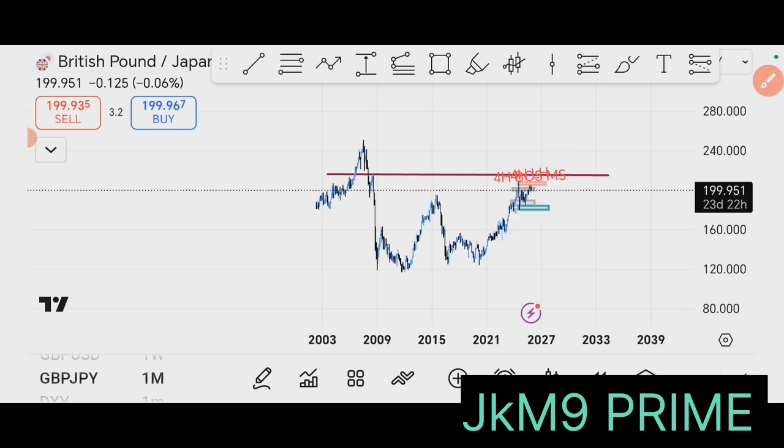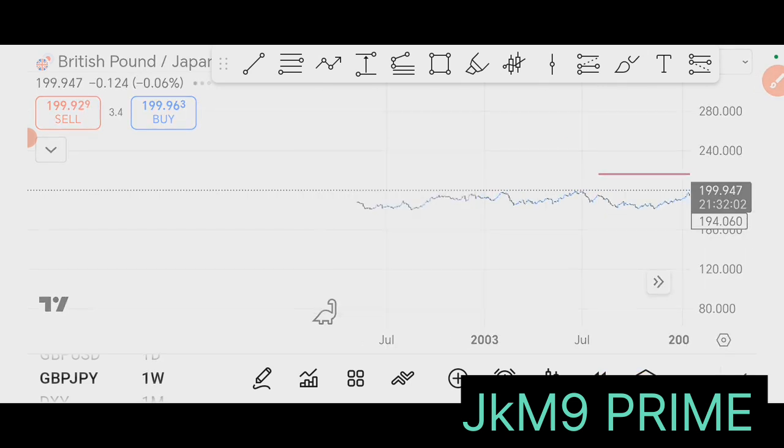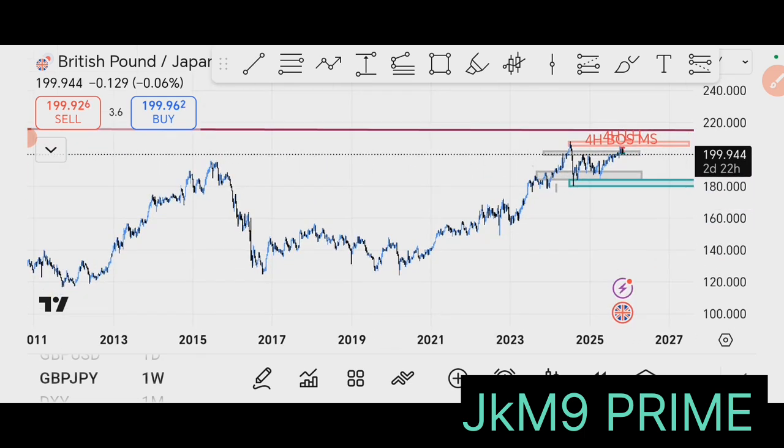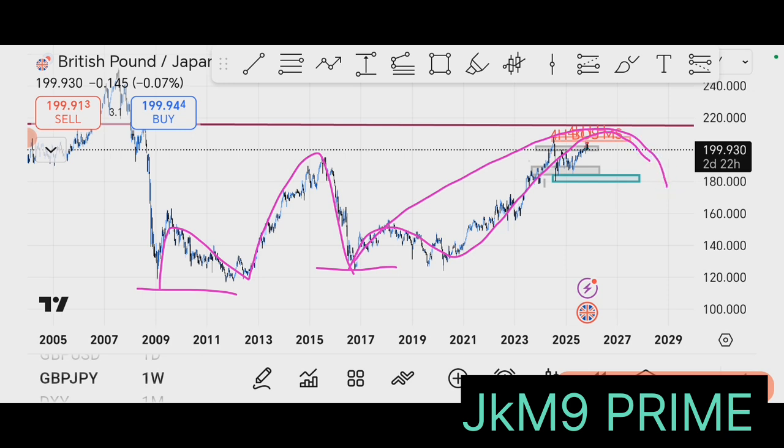Okay, then we'll go to the weekly time frame. What will happen here? On the weekly time frame, it is coming very near to the last higher low, but it never broke the higher low, then formed one long higher low. Whatever you see in the big picture, this one is still forming the buy trend only.